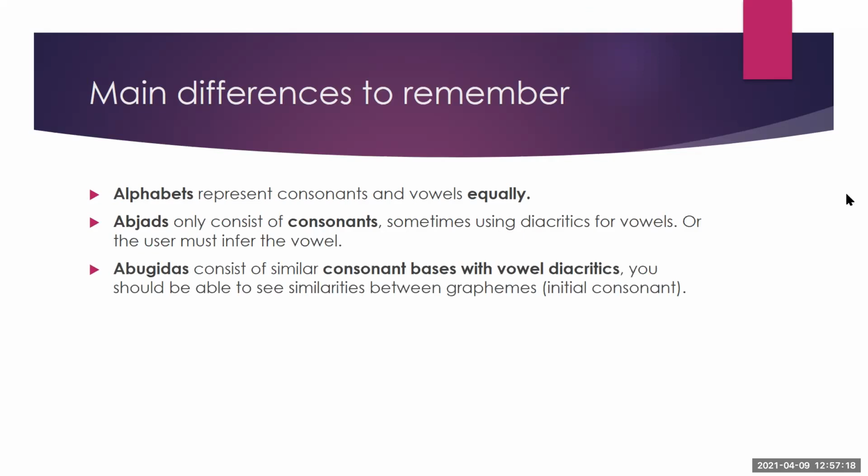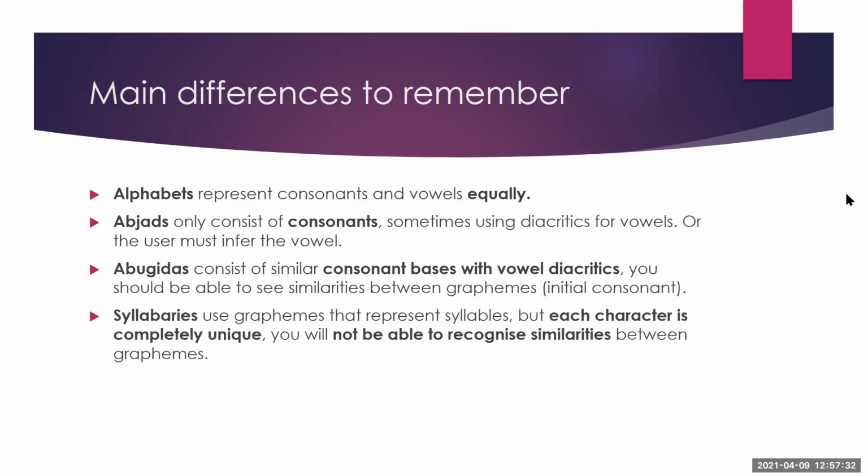Then you have abugidas, which consist of similar consonant bases with vowel diacritics, and you should be able to see similarities between the graphemes. And then syllabaries use the graphemes to represent syllables, but each character is completely unique, or sometimes maybe not completely unique, but not enough for you to establish a category. You will not be able to recognize similarities between the graphemes.